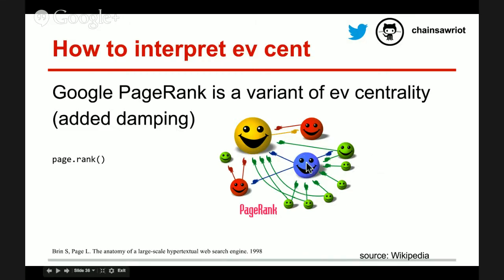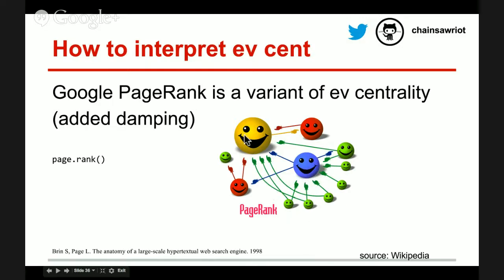For example, the size of the nodes in this graph represents the eigenvector centrality. This node is connected by many smaller nodes, so it gets a quite high eigenvector centrality.